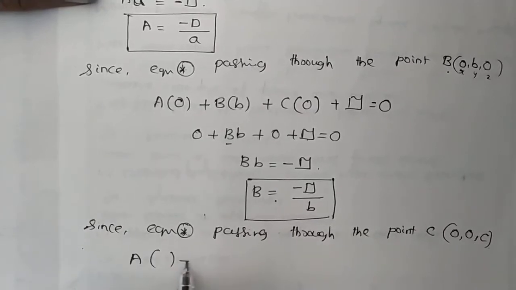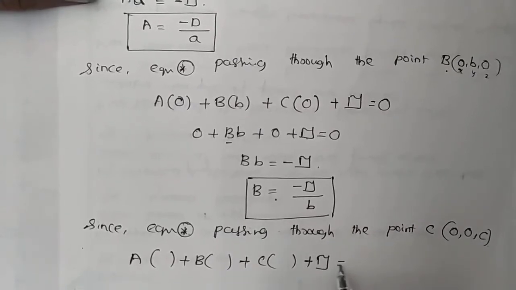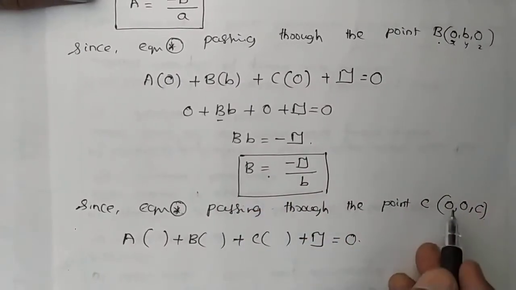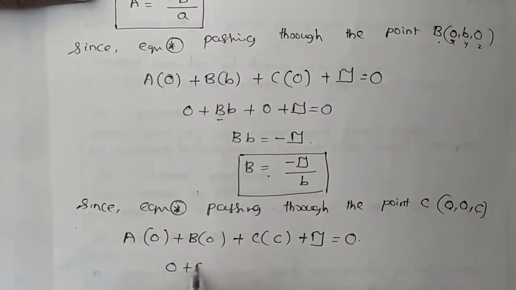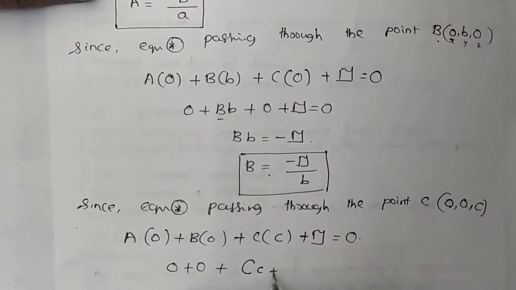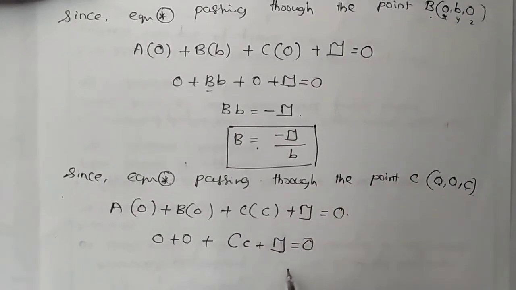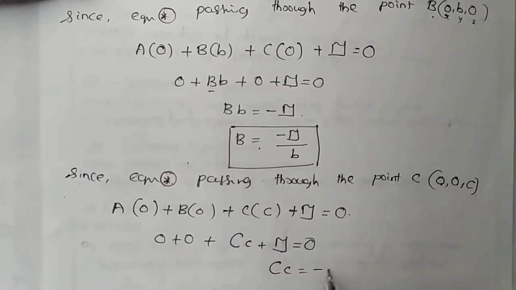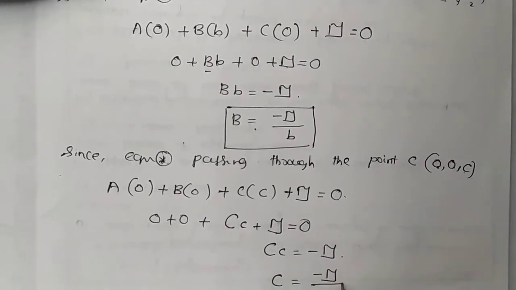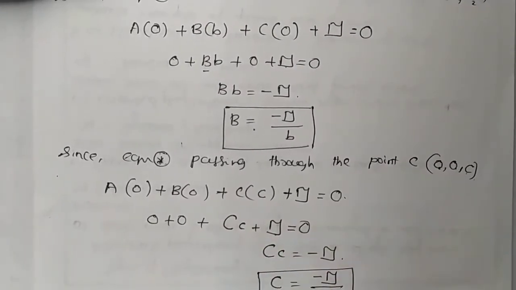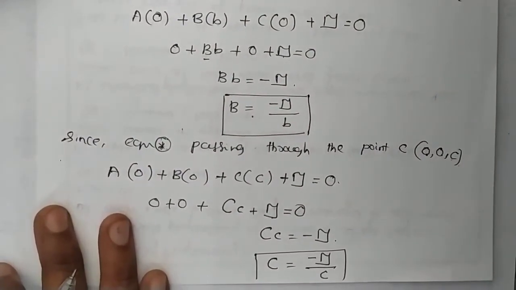A into x plus b into y plus c into z plus d equals to 0. X, y, z is 0, 0, c, so 0 plus 0 plus c plus d equals to 0. Now send this plus d to the right, that will be minus d. C equals minus d. We want capital letter C. C equals minus d divided by small c. Hence we found the capital letters A, B and C.